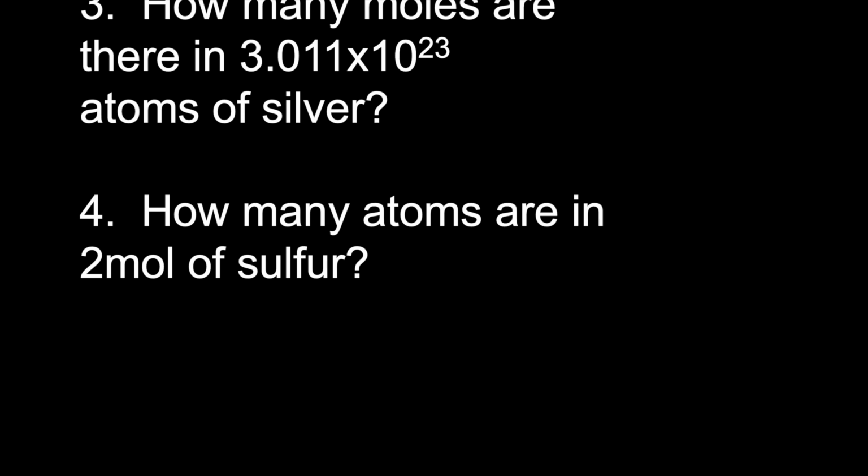And it doesn't matter if it's eggs, 2 dozen donuts, 2 dozen cars, or 2 dozen people, it's going to come out to be the same thing. So in this case, if you have 2 moles of sulfur, it doesn't matter because it could be 2 moles of sulfur, it could be 2 moles of hydrogen, anything. It'll still both be the same number.